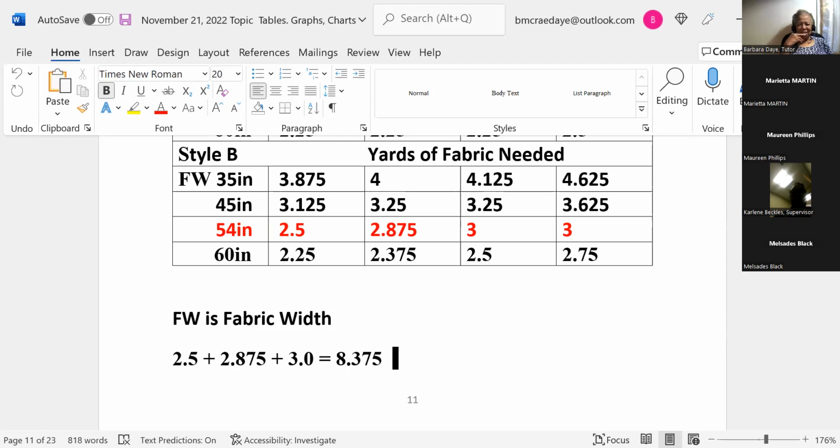How did you add it? I put 2.5, and then I put the 2 and a point into it, and then I put the 8.75 out the other side. Wait, so you didn't put 2.875?